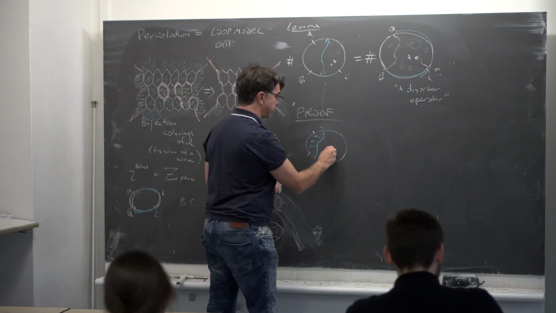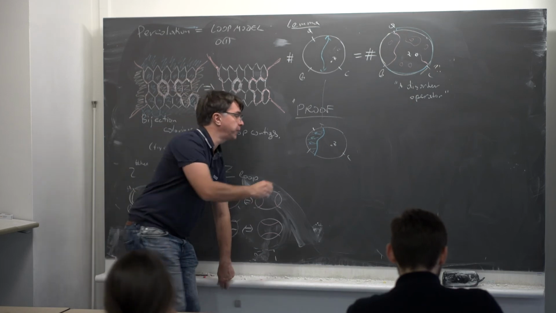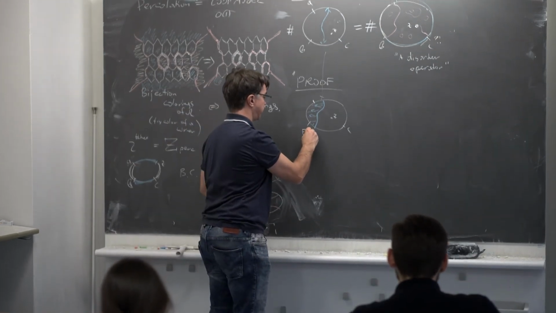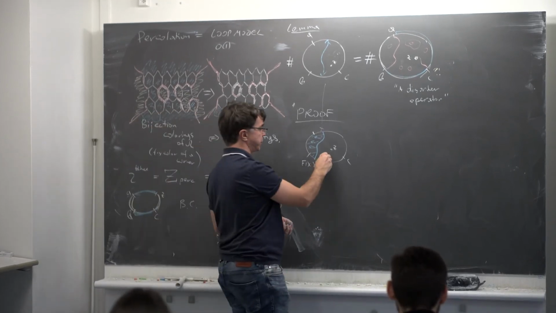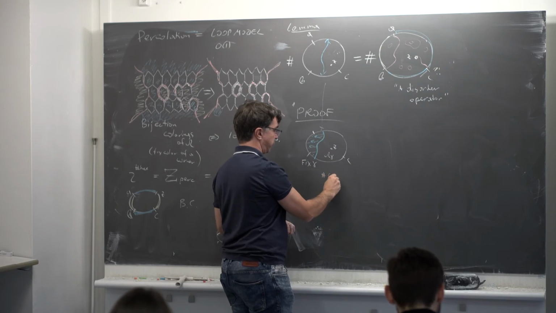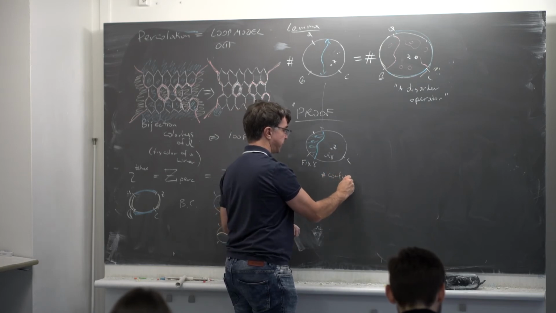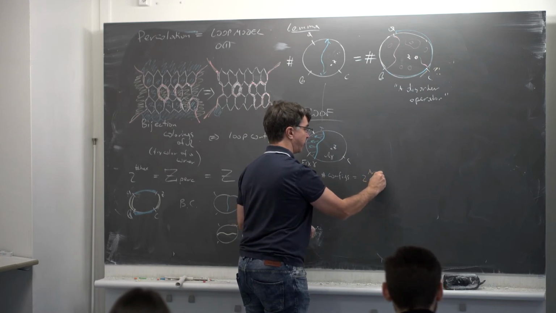And we know that Z is above. Now we fix this gamma. Now suppose that this area is omega gamma, then the number of configurations is equal to 2 to the power area of omega gamma.